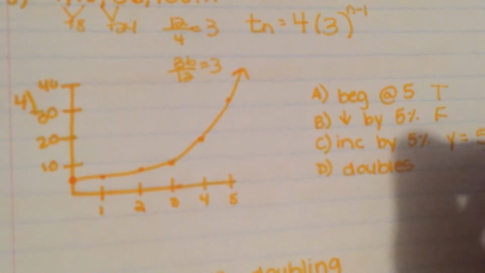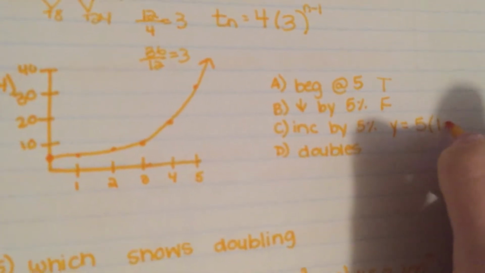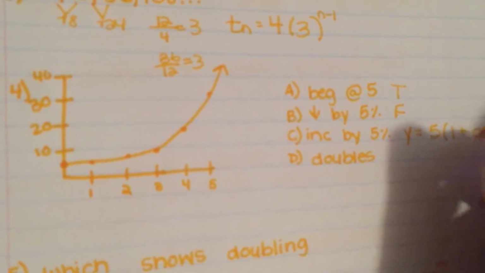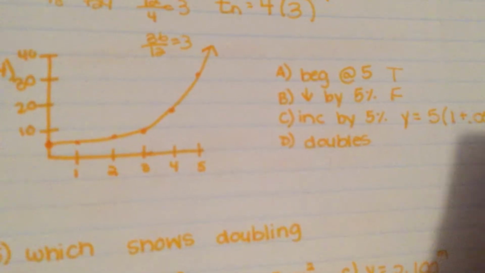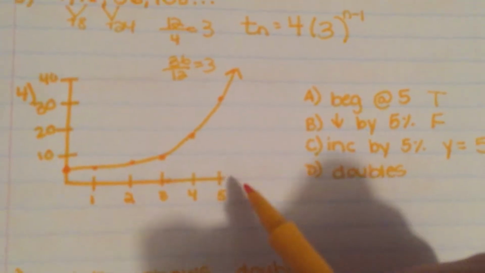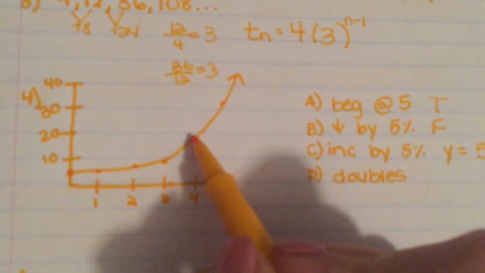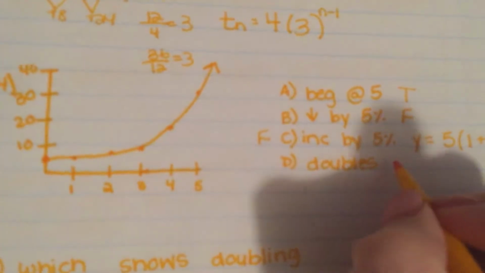To increase by 5%, anytime you have percents, you start with 1 plus, and 5% is 0.05 to the x. I could plug that in my calculator and see, is 3 equal to 10? Is 4 equal to approximately 18? This is false. It doesn't match.